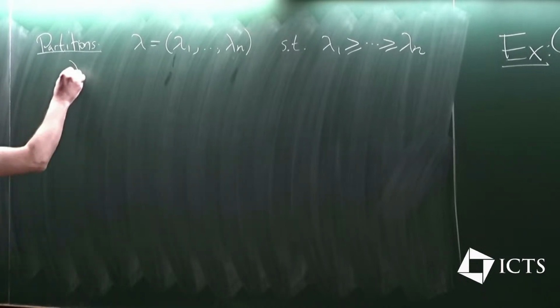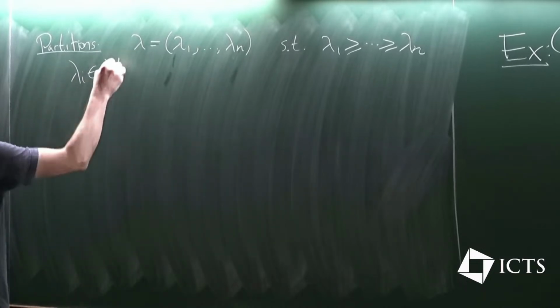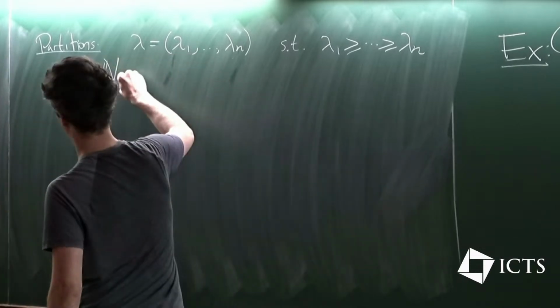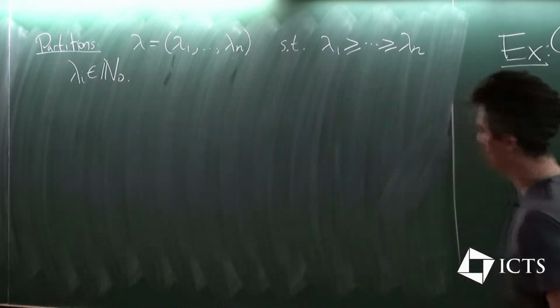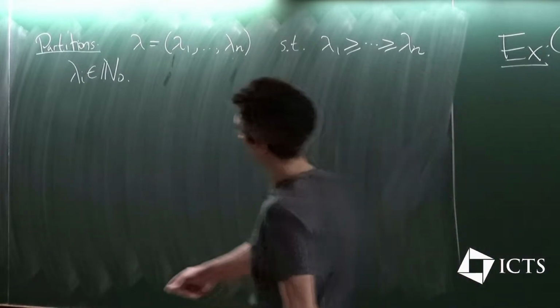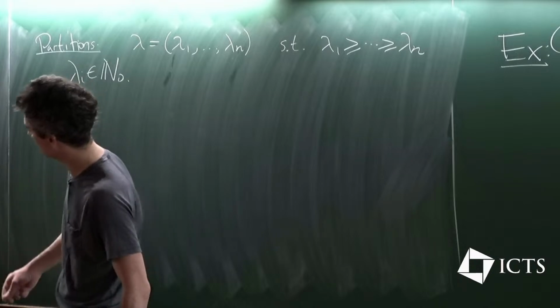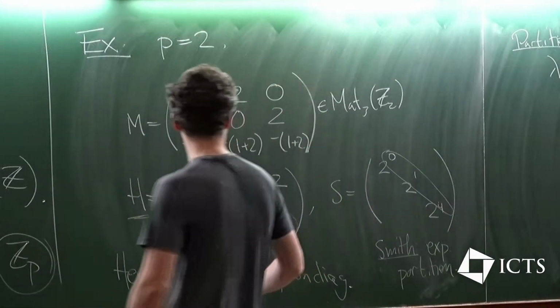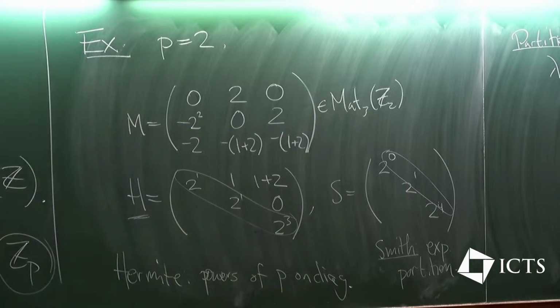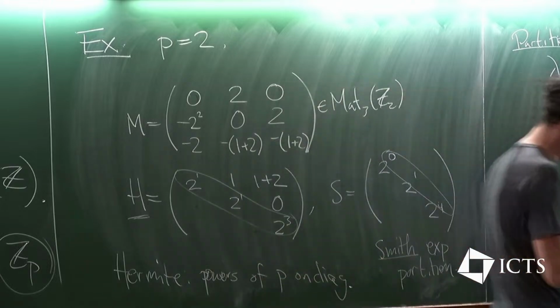Here, of course, the lambda_i's are non-negative integers. And I'll just leave it at that. I don't think we need much more. I'm not going to go into more notation on partitions. Okay, so the Smith form determines a partition from the exponents. The Hermite form is not quite a partition. In this particular case, it's a bit ordered, but not quite a partition in general.